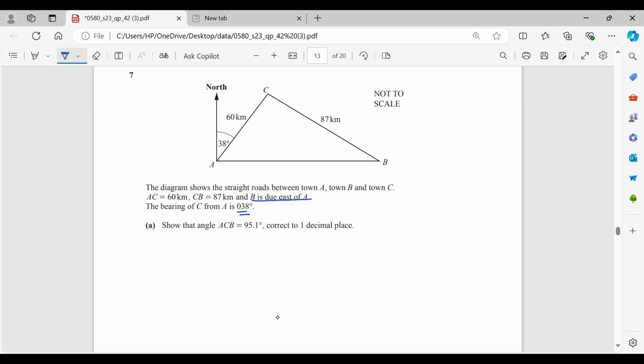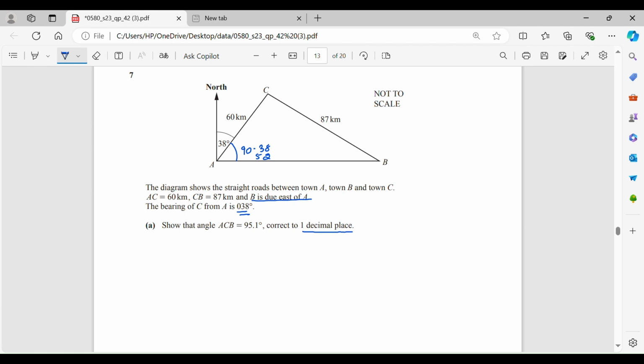Show that ACB is 95.1 degrees corrected to 1 decimal place, right? So this will be 90 minus 38, which is 52 degrees.